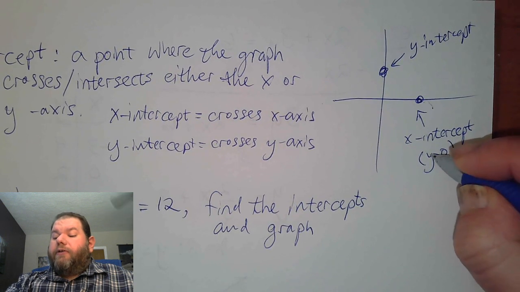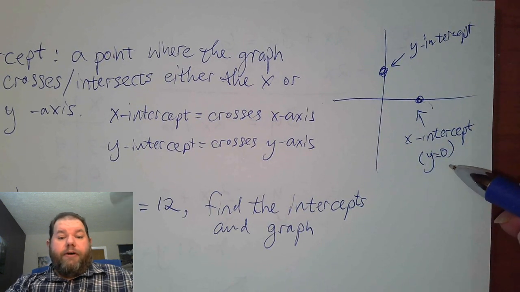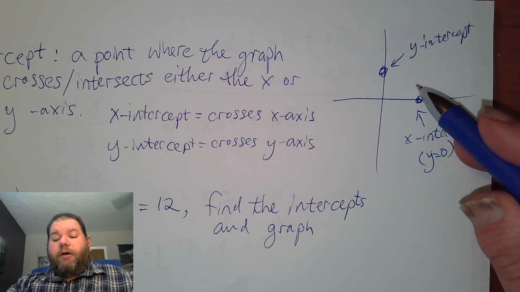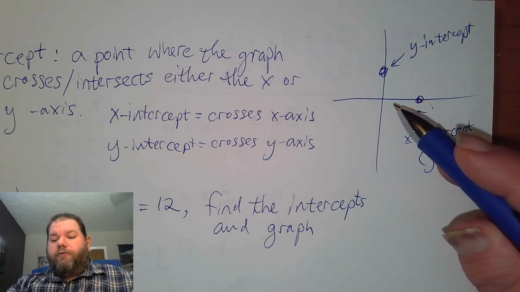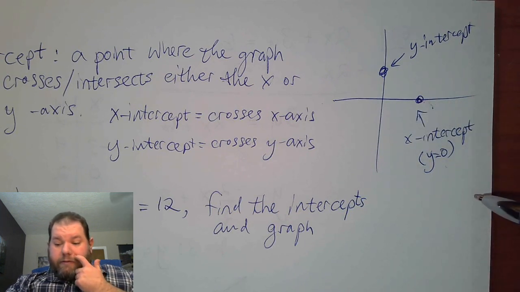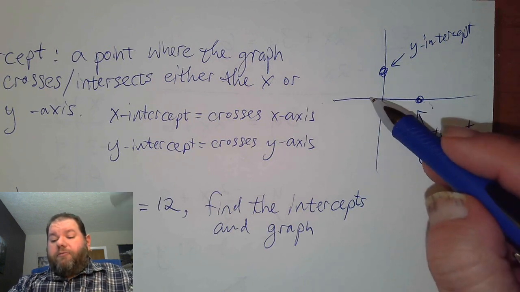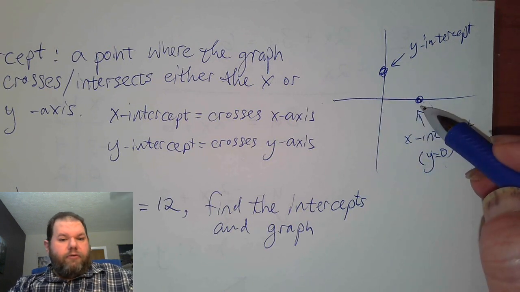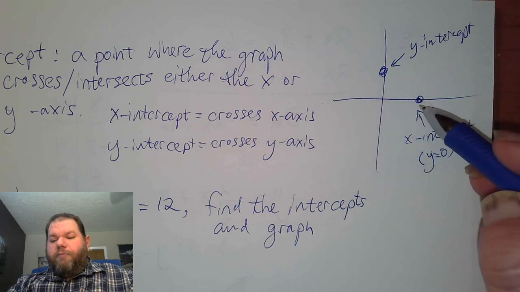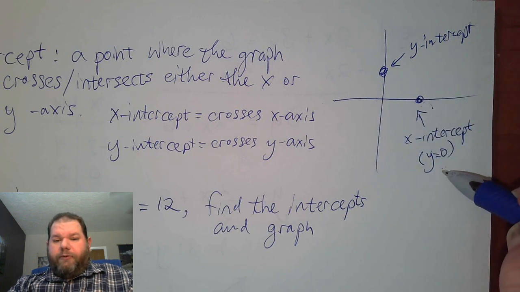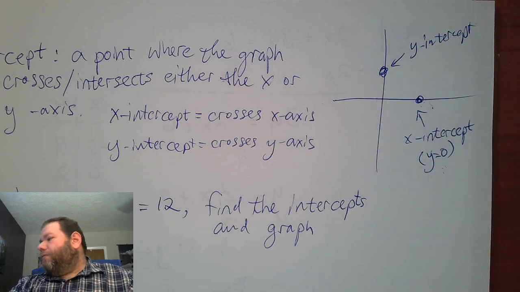So for the x-intercept, we always have a value of y equals 0 because it's neither above nor below the axis. It's always right on the axis. So horizontally, we'll move x units, whichever direction that is. But we never move up or down, so y is always 0 at that location.